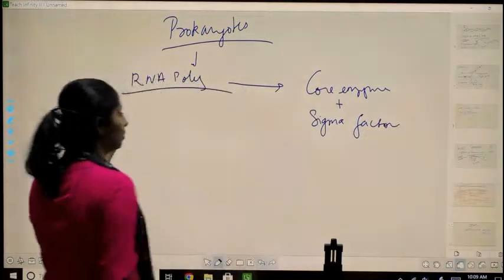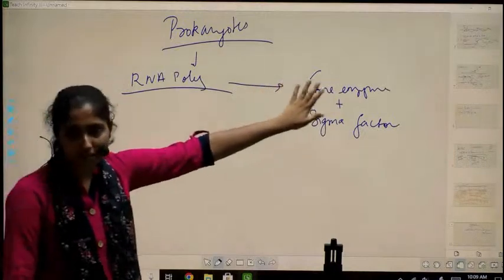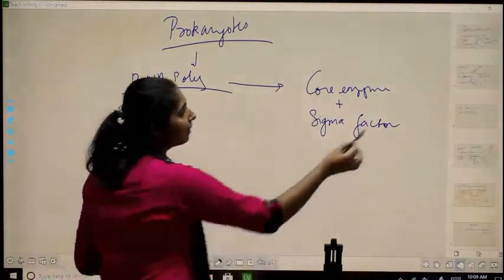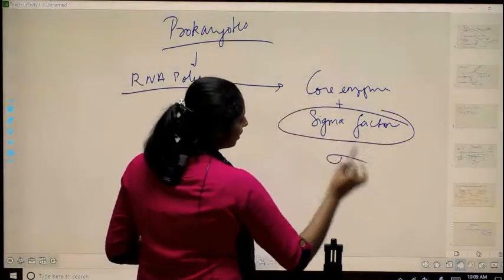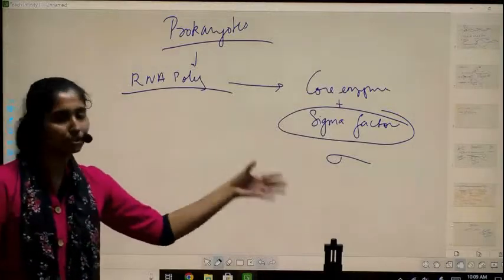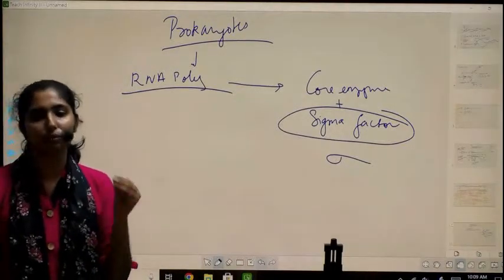So RNA polymerase is made up of core enzyme and sigma factor. Now this sigma factor is needed for initiation only, right? It is needed for initiation and recognition of the promoter sequence, right?